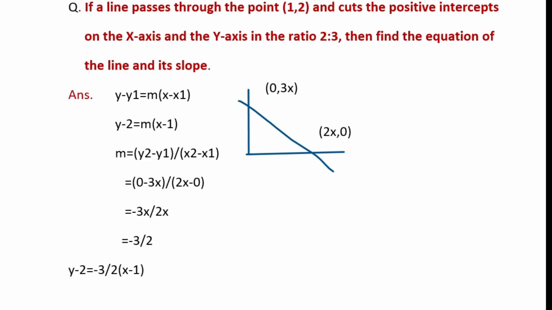Now multiplying by 2, we get 2y minus 4, as 2 is multiplied by (y minus 2), equal to minus 3 multiplied by (x minus 1), which is minus 3x plus 3.